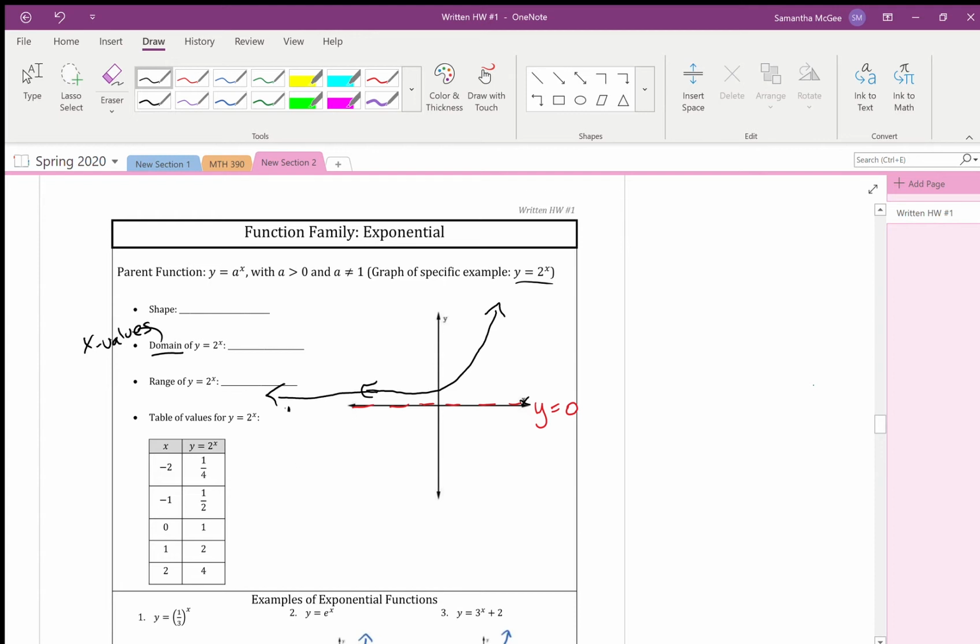If we had negative 500 million, we're out here somewhere. Since the graph goes on forever, we have an output, so that can also be one of our inputs. So since it goes on forever, we start our interval, that smallest number, as negative infinity. And with plus or minus infinity, we'll always use a parenthesis.